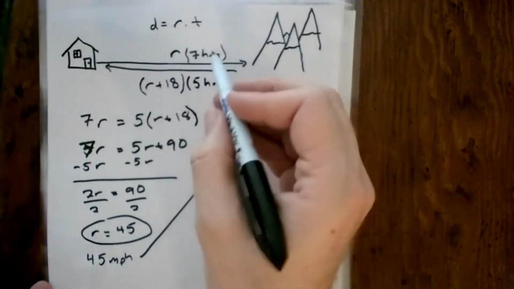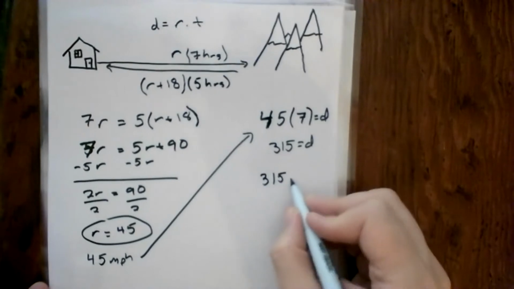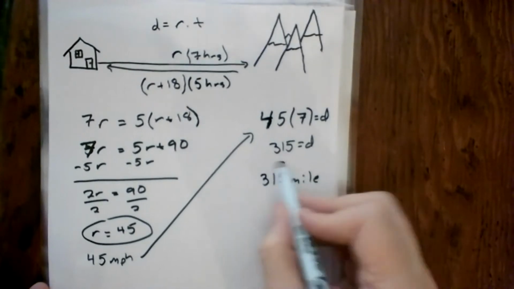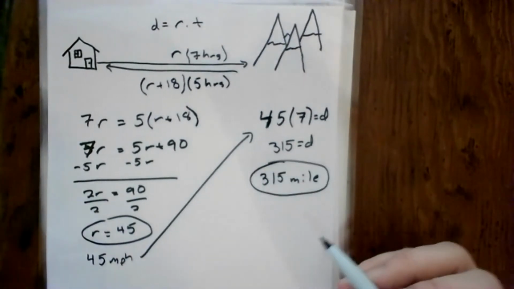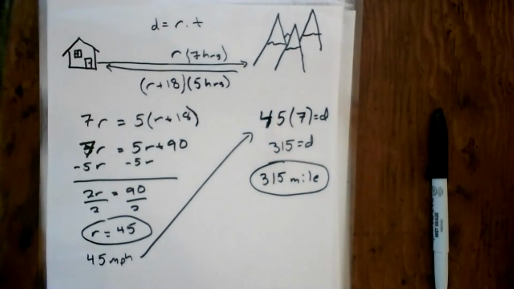And because we had this in miles per hour, this is going to be 315 miles. That's a long way to go to the mountains.